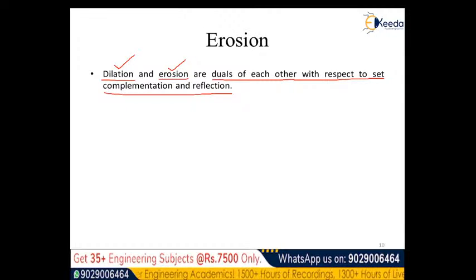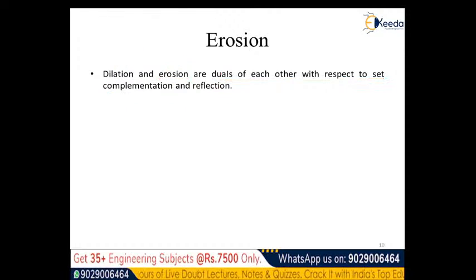Most of the time in your examination the question comes to prove that dilation and erosion are the two fundamental morphological operations which are duals of each other. For that we take help from the definition of the erosion and then the definition of the dilation, and we prove that.